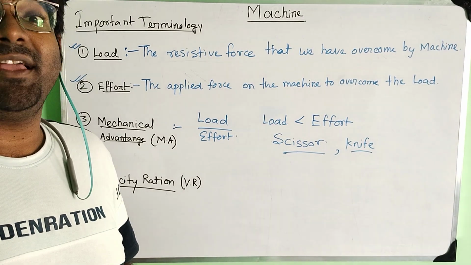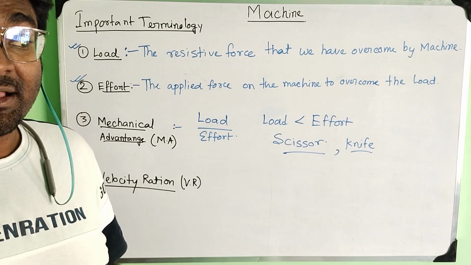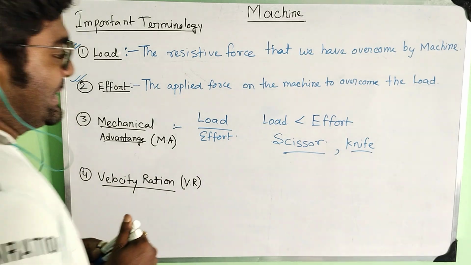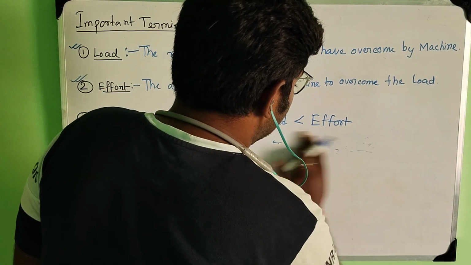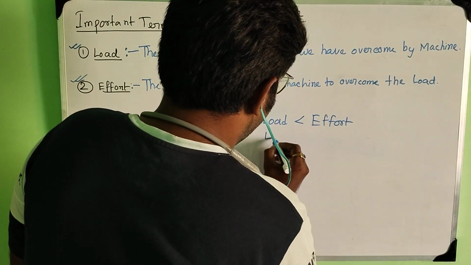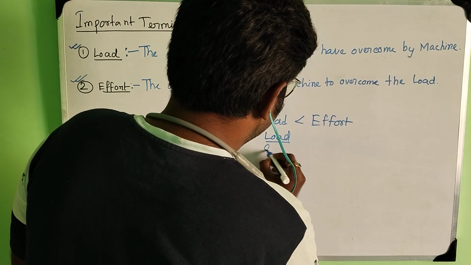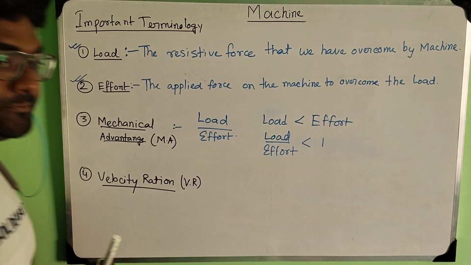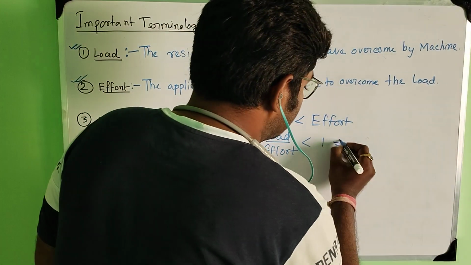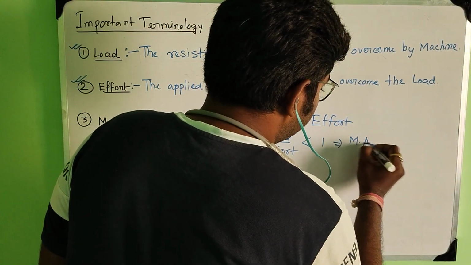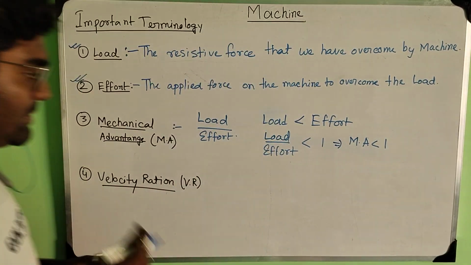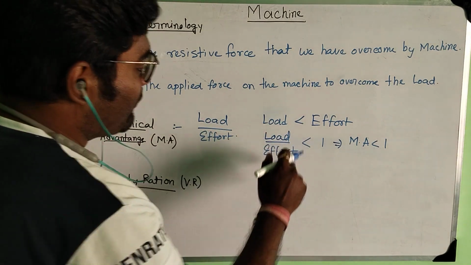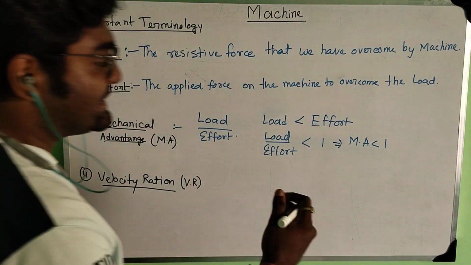But you have to give the effort to cut the page. So if load is less than effort, then load by effort is less than 1. That implies the mechanical advantage is less than 1.